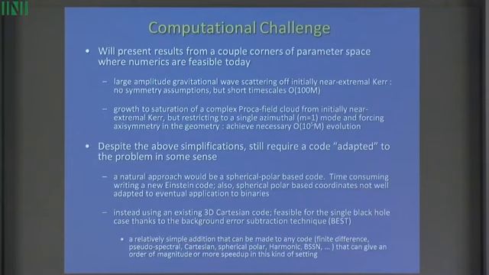Initially it's an exponential growth. The problem with these Proca fields, or with any of these fields, is that the time scale of that growth is incredibly slow, especially compared to gravitational waves. A Proca field is a massive vector field. The complex thing is a trick that we use to allow an axisymmetric simulation that I'll mention in a second. But the time scale for these things can be astrophysical.